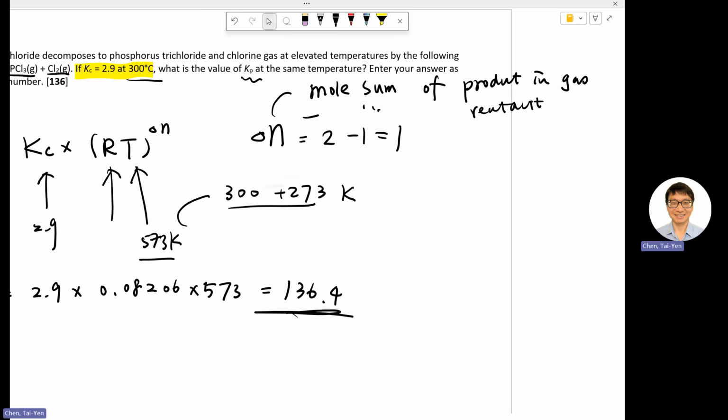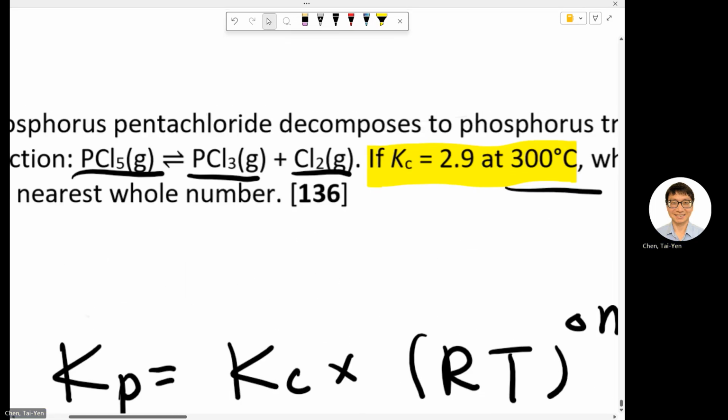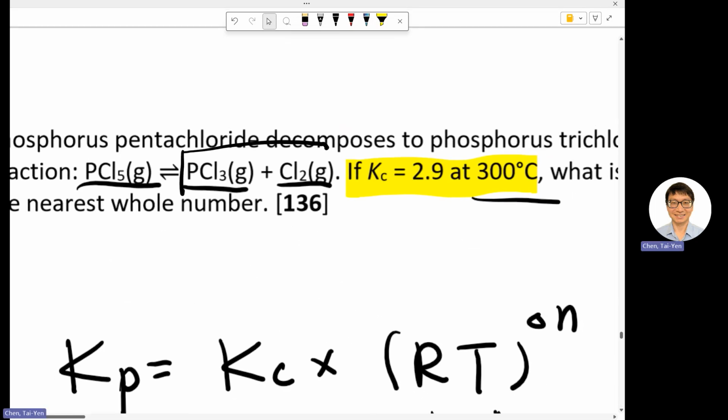If you look at the reaction again here, from the product side, you have 1 mole of PCl3, 1 mole of CO2. So the total gas sum is 2. On the reactant side it is only 1. So 2 minus 1 gives you a value of 1 for your delta N.